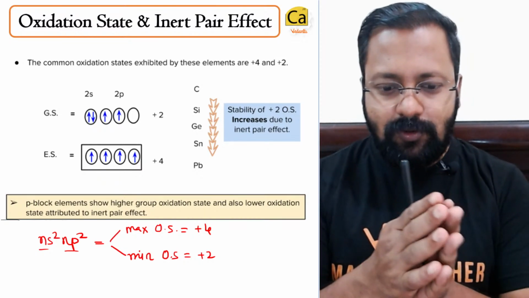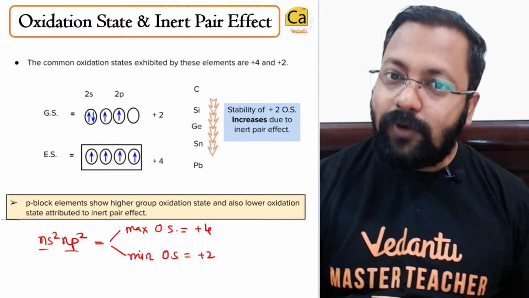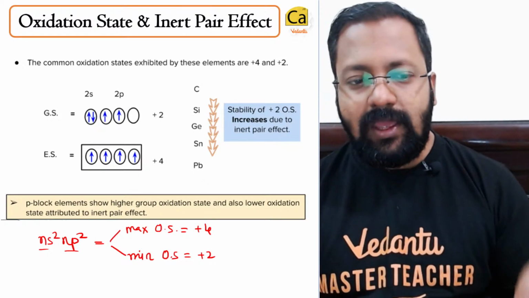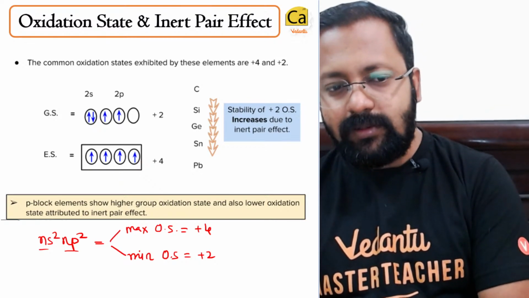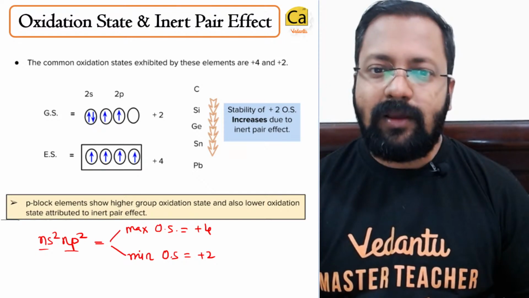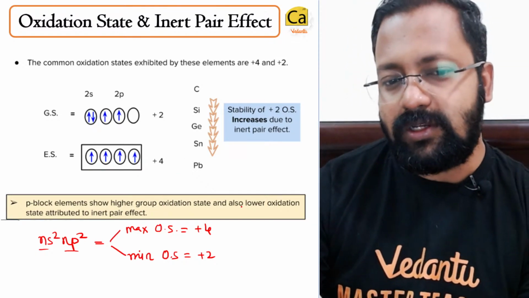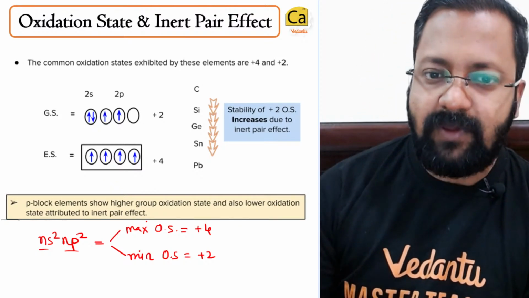Let's move ahead. So oxidation state can be of two values. It can be +4, it can be +2. +4 is because of ns2 and np2 getting unpaired, and if only np2 gets unpaired, it will be +2 oxidation state. So p block elements show higher group oxidation state, and the lower oxidation state is attributed to inert pair effect.